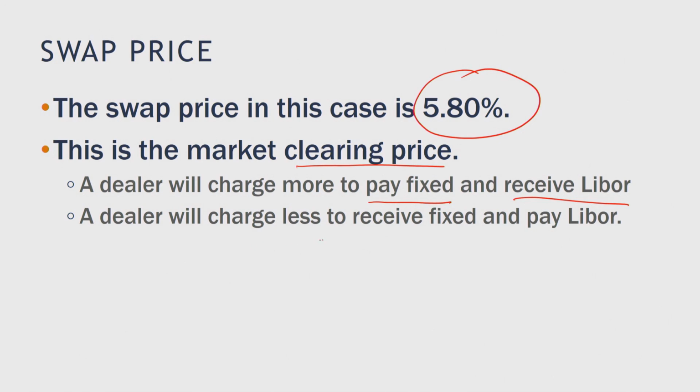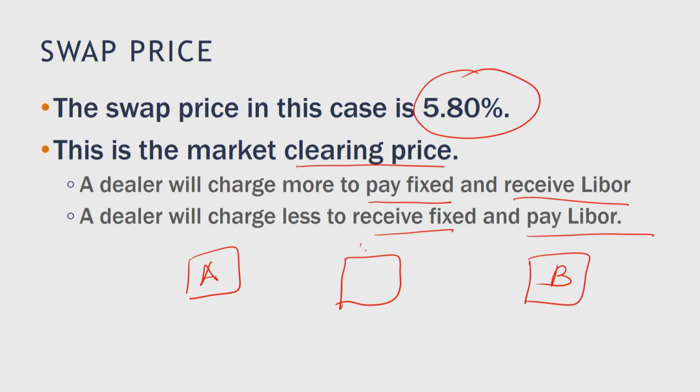And the dealer will actually charge less to receive fixed and pay LIBOR, all right? So basically, if there's a dealer in the middle, and we have B here and we have A here, and this is the swap, okay? And the market clearing price is 5.8%.